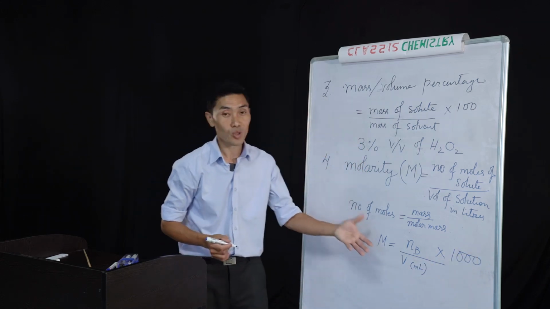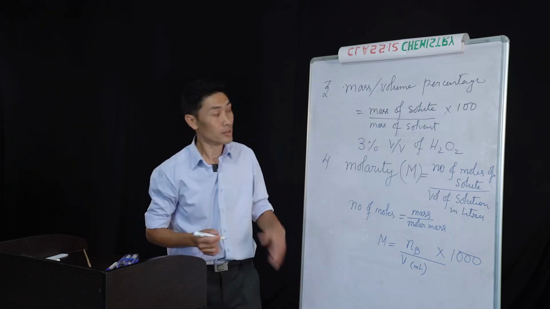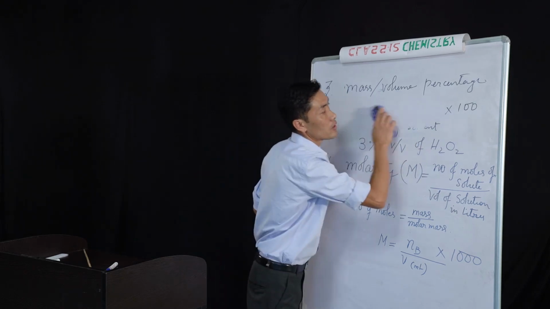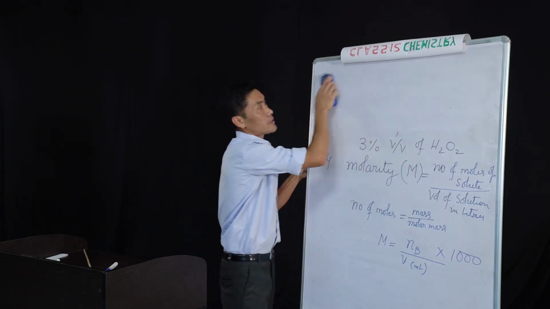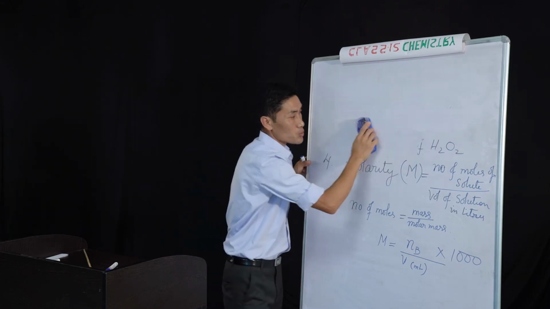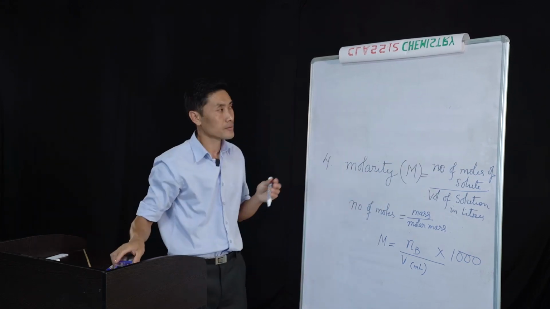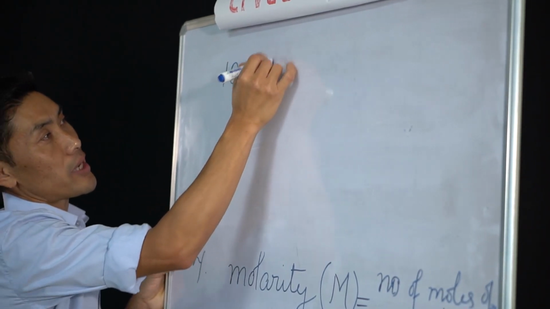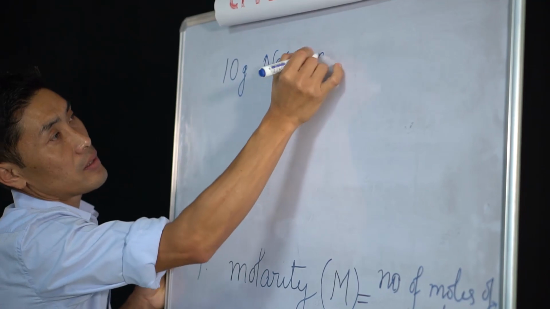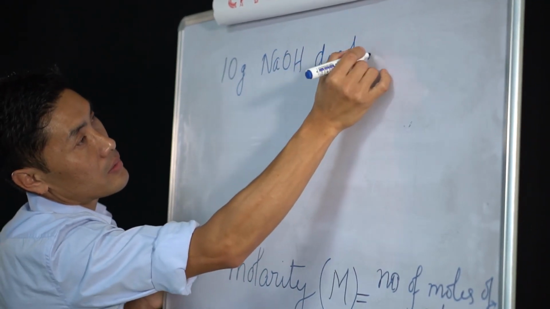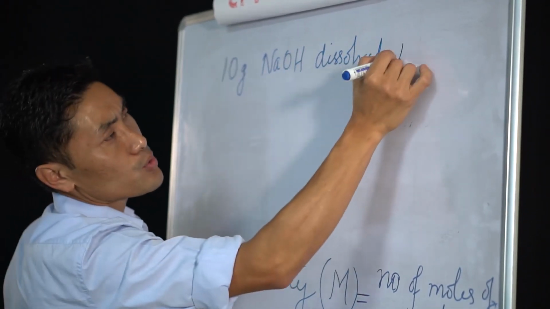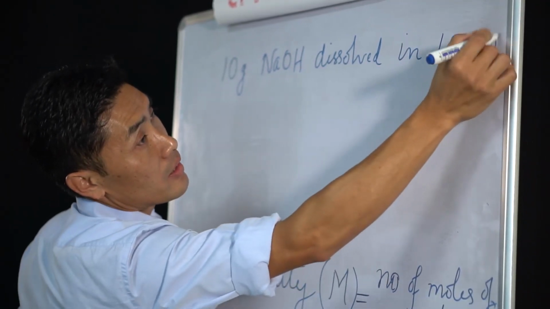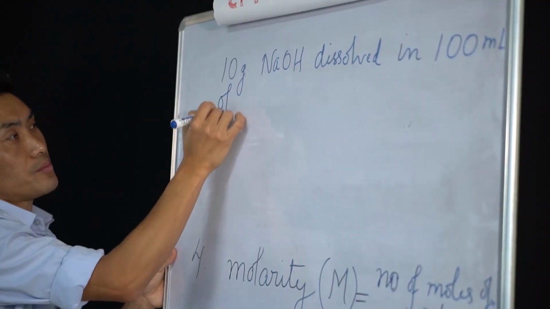This will give us the molarity of the solution. Let us see one example here. Suppose we have 10 gram of sodium hydroxide dissolved in 100 ml of solution.